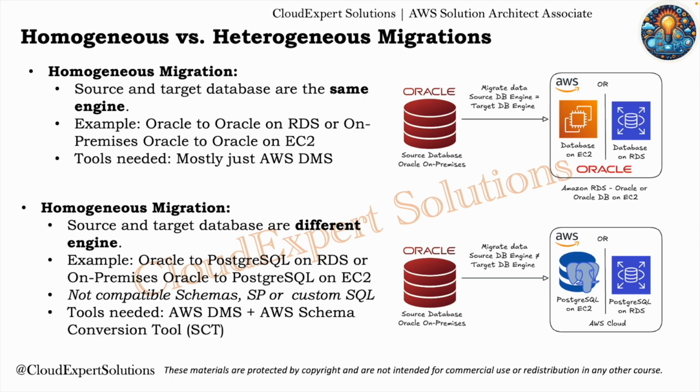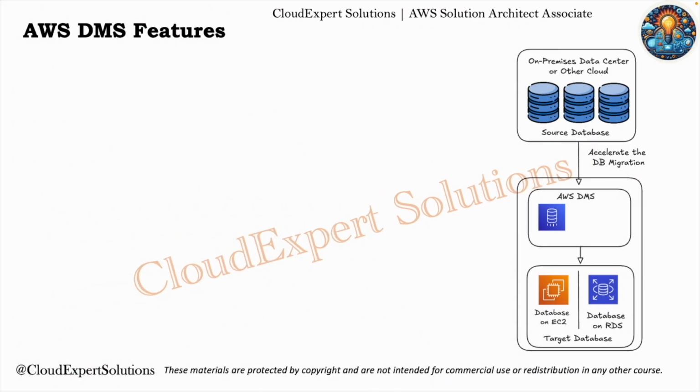This is where AWS Schema Conversion Tool, or SCT, becomes necessary. AWS Schema Conversion Tool works alongside Amazon DMS, and you don't need any in-house expertise for this type of engine conversion. Now let's review AWS DMS features.